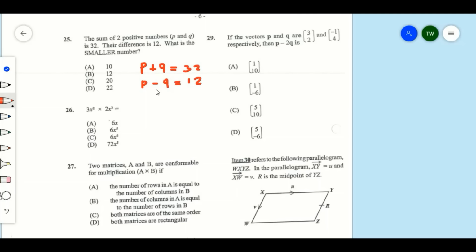So as you note, we have a pair of simultaneous equations here. So what we can do is add both equations together. So P plus P, that's going to give us 2P, and Q plus negative Q, that's going to give us 0, and 32 plus 12, that is going to equal 44.